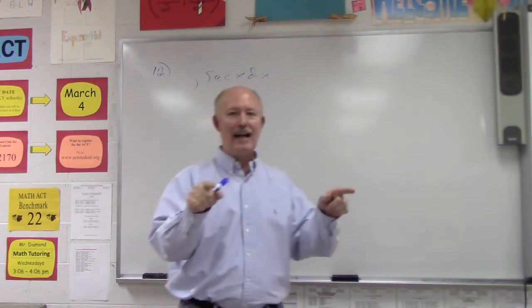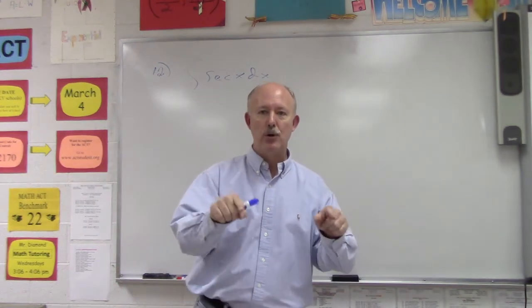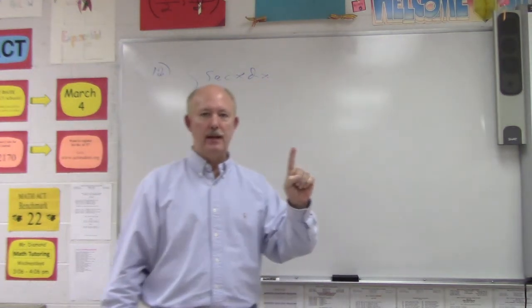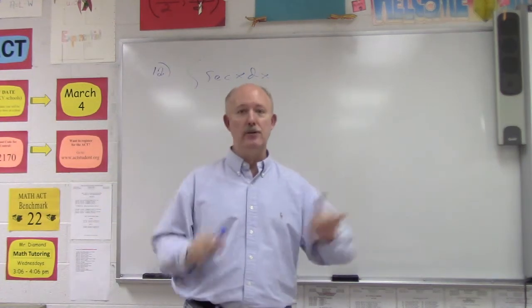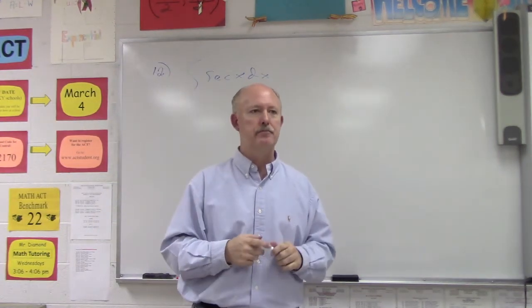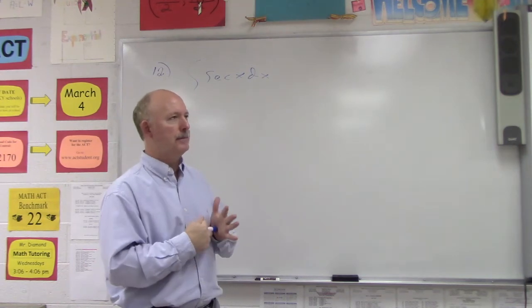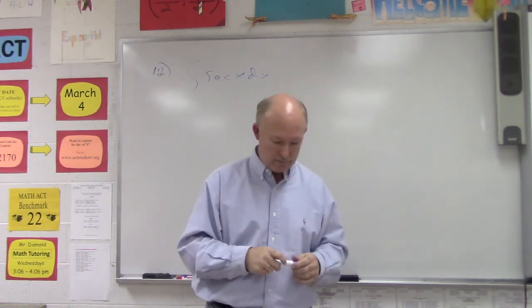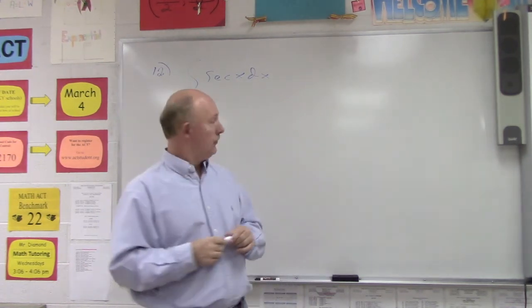I'm going to rewrite secant x by multiplying it by 1. Now, if you multiply something by 1, you don't change it. So that's what we're going to have to do here. Now, I know that the derivative of secant is secant tangent. So here's what I'm going to do.